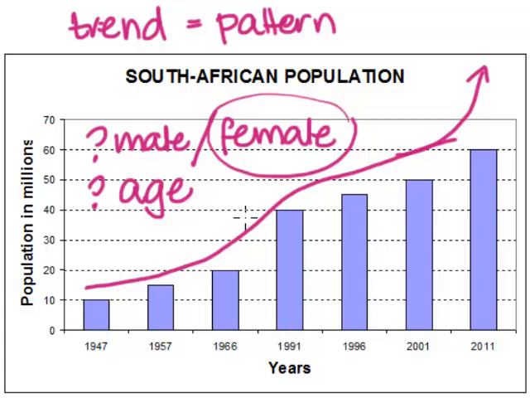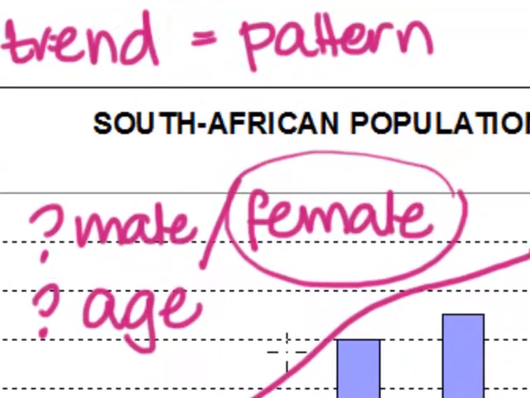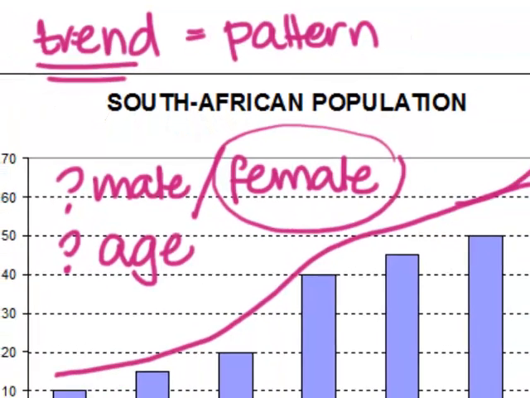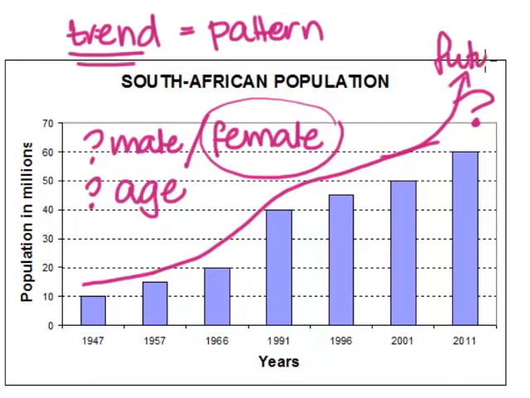A graph like this one doesn't give us this vital information if we're going to want to use these trends to make predictions for the future. And so we need a different kind of graph. We need an age gender distribution or an age pyramid.